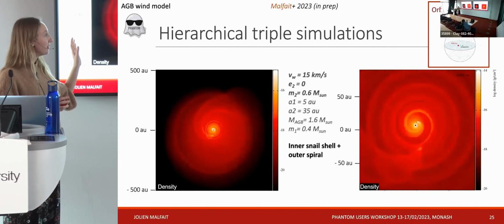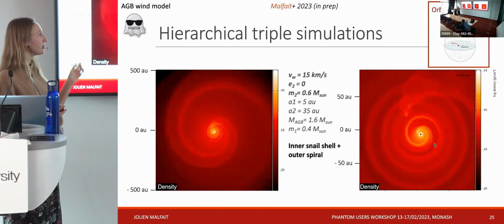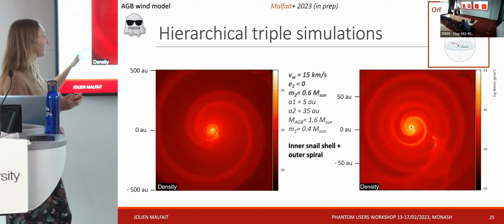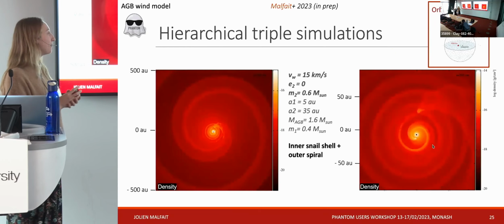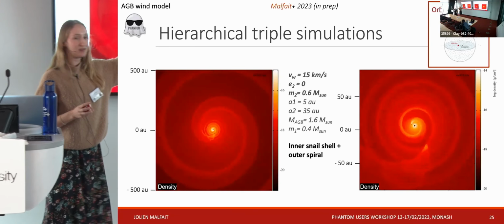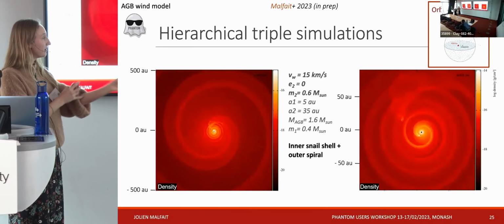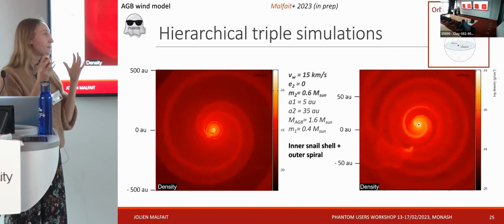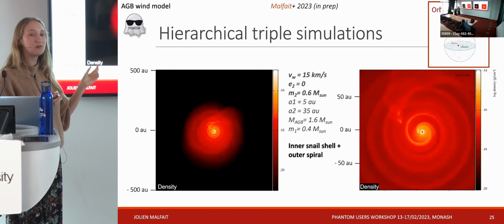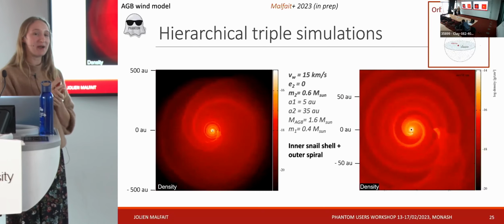So this is, again, an orbital plane view slice, and you see the density distribution. It's twice the same simulation, but more zoomed in on the right, so that you get a view of what is happening on both scales. So the inner binary, you see best on that simulation, is creating this quite compressed spiral that you saw before already, the Archimedes spiral, and then you have this additional companion that is also creating an additional spiral on top of this compressed spiral.